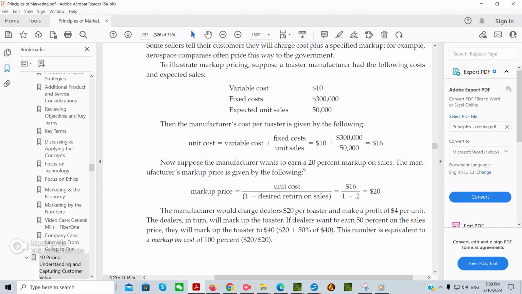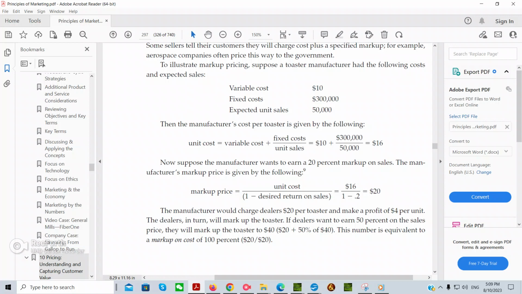And divided by 1, because it's a 1. I'm not sure why I have 1. Oh, because it has to be a percentage on something. So it's a percentage on 100 basically. So it's 1 minus the return.